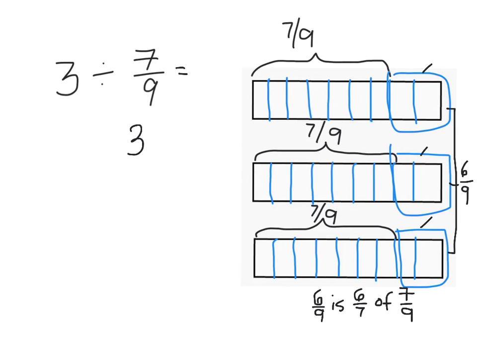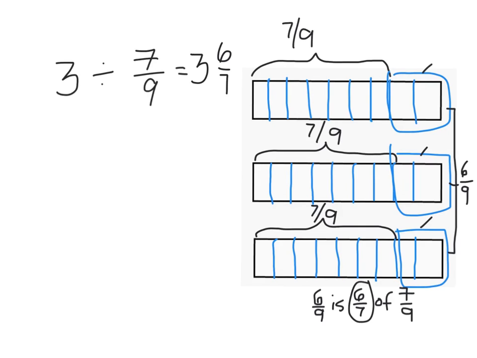So if you're going to write the quotient for this one, 3 divided by 7/9 is 3 and 6/7. So let's move that there. Now let's check using the reciprocal of the divisor.